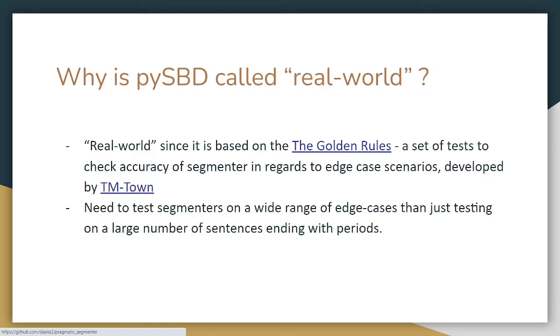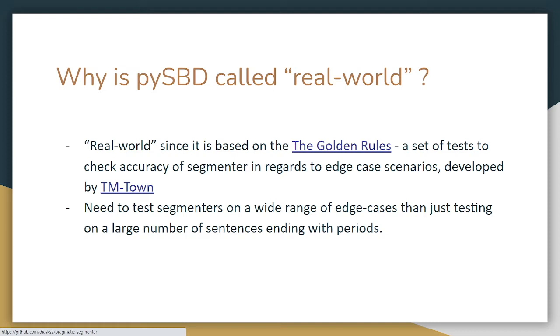Why is PySBD called real world actually? PySBD is a real world, out-of-the-box, pragmatic sentence tokenizer. It's called real world because it is based on something called the golden rule set. This golden rule set is essentially a set of tests which have been introduced in order to check the accuracy of a segmenter with regard to edge case scenarios.